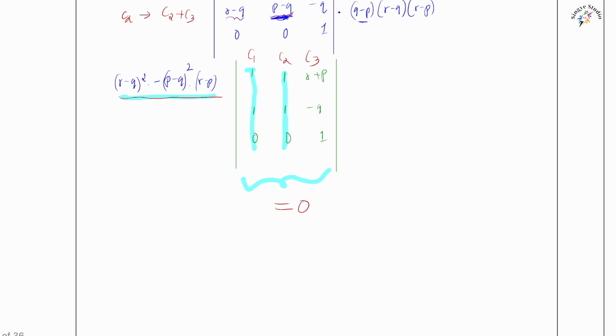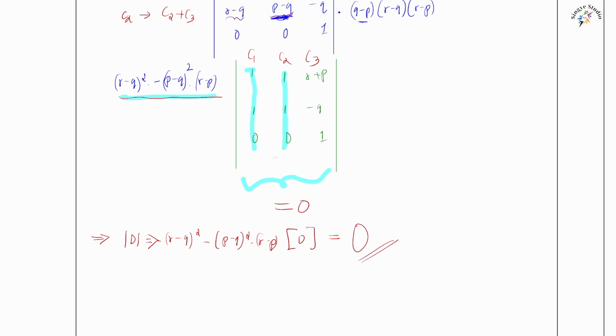So we will say the determinant is simply r minus q the whole square minus of p minus q the whole square times r minus p times this one, which is 0, so it is exactly 0.